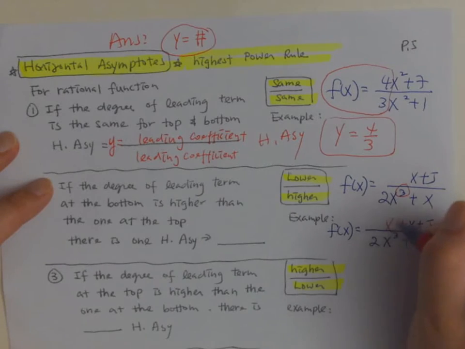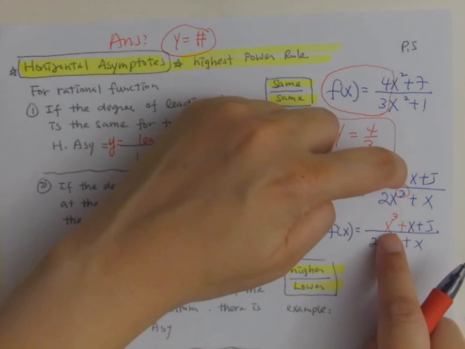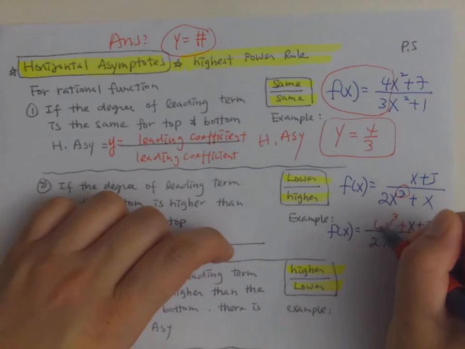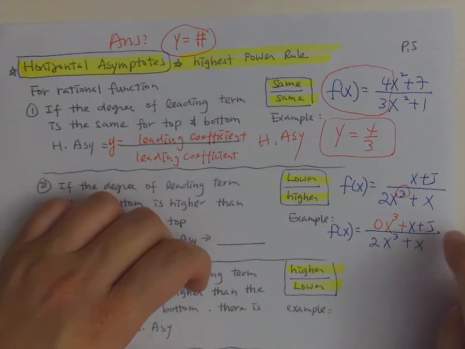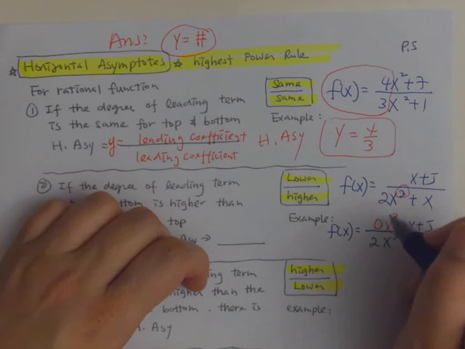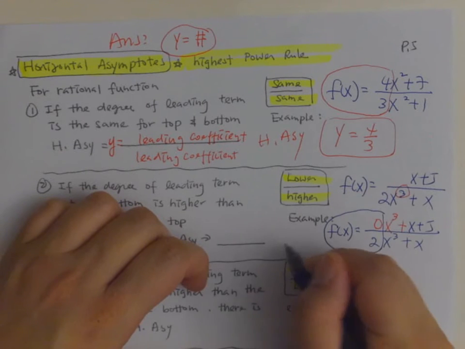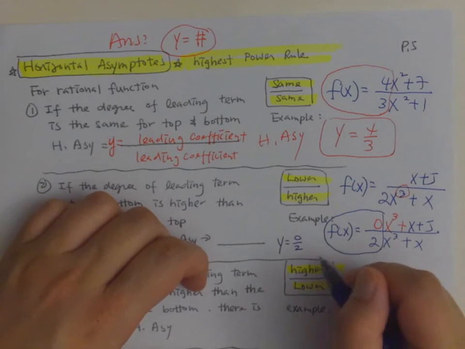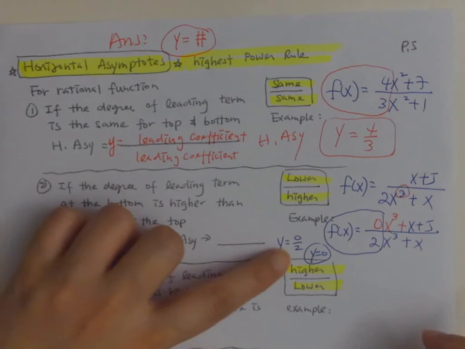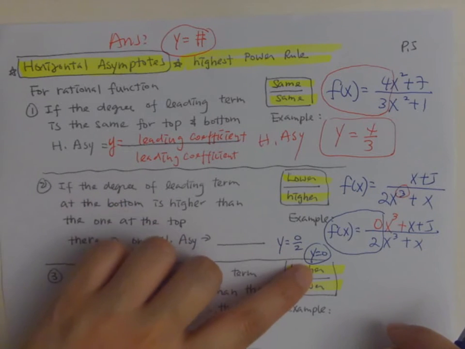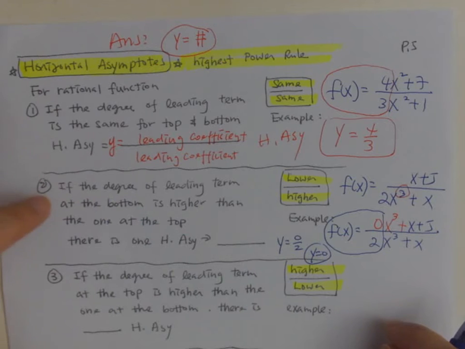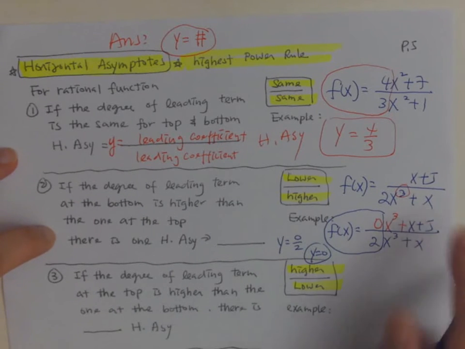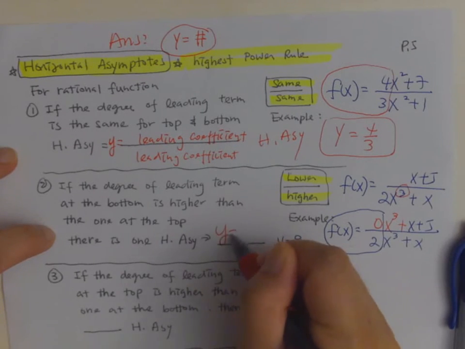I can put an x cubed there multiplied by 0 to get rid of it, so this is not changing the value. But now they have matching x cubed, and I can pick up the coefficient. So this is y equal to 0 over 2, which is just y equal to 0, right? If you have 0 out of 2 cookies, you have 0. So if the degree of the leading term at the bottom is higher, like in this situation, your horizontal asymptote is y equal to 0.